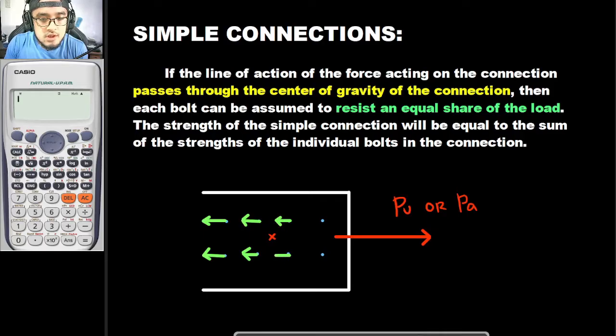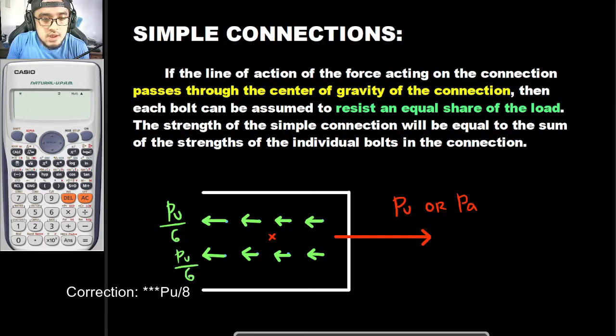So if your connection is a simple one, it is assumed that all of them carry the same amount of load, which is PU over, kung ilang man bolts yan, so PU over 6, PU over 6. Pare-pareha silang lahat, may that be PU or PA.